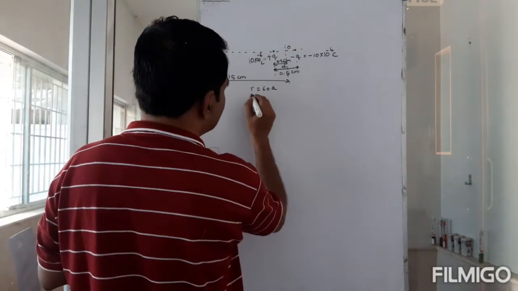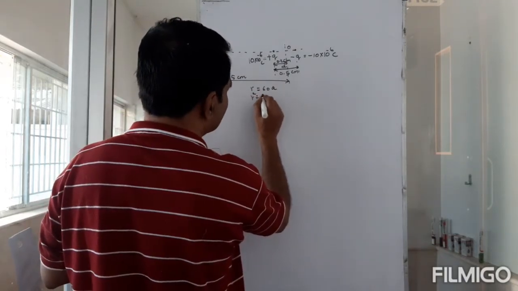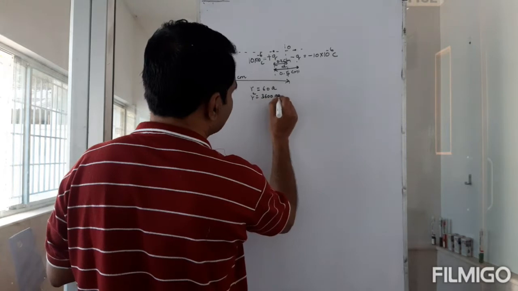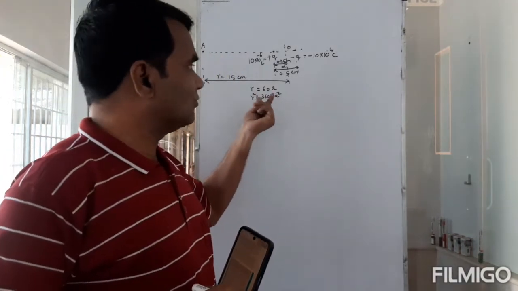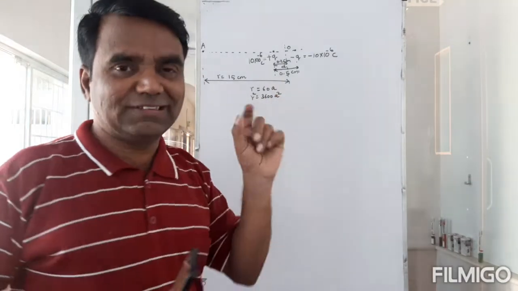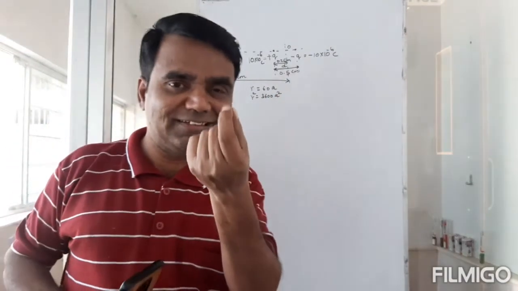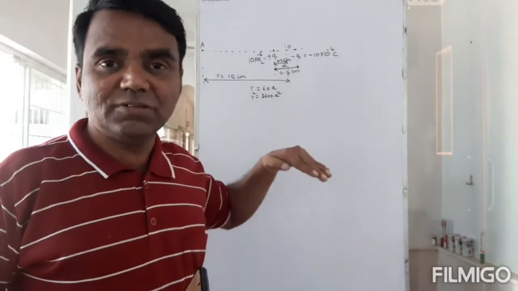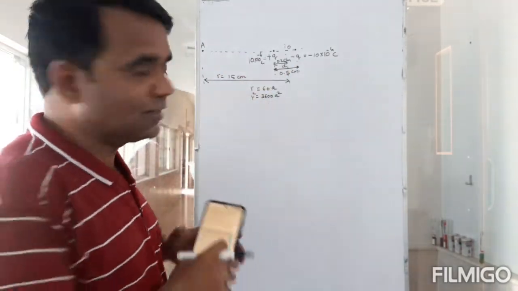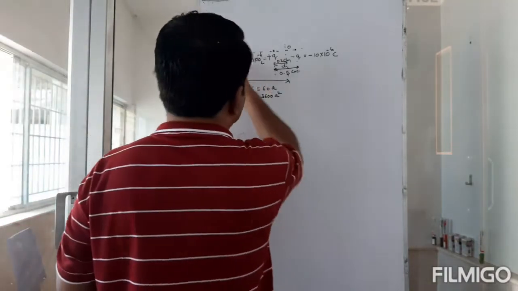So R squared would be equal to 3600 A squared. So I can ignore the A in that equation. Then I can straight away use the equation for the dipole, and I can find the E here.